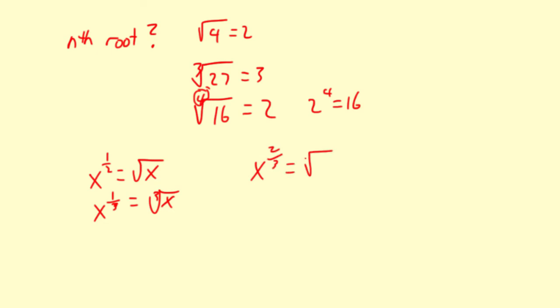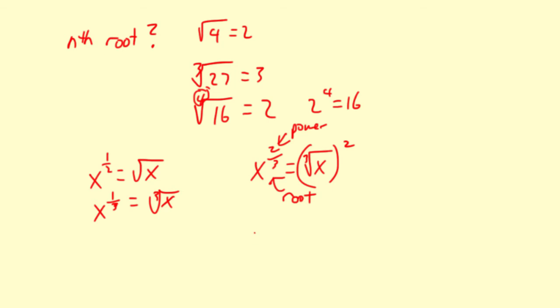That is the cube root of x and then squared. So it's like the numerator is the power and the denominator is the root. That's probably the simplest way to work with these. Do the root first and then do the power second.